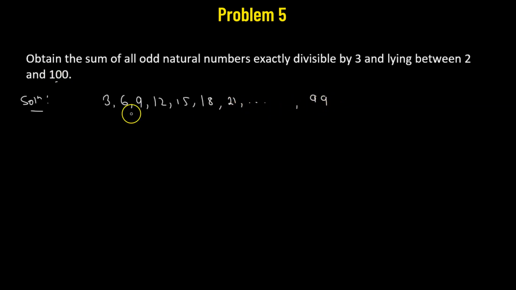Now we only have to consider the numbers that are odd. So we'll consider 3, 9, 15, 21, up to 99. This is going to be our actual sequence: 3, 9, 15, 21, and it goes all the way up to 99.